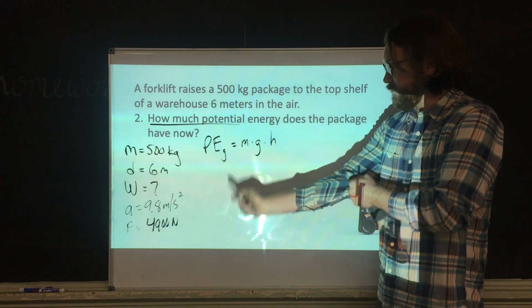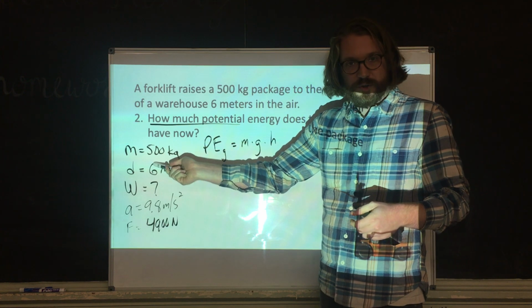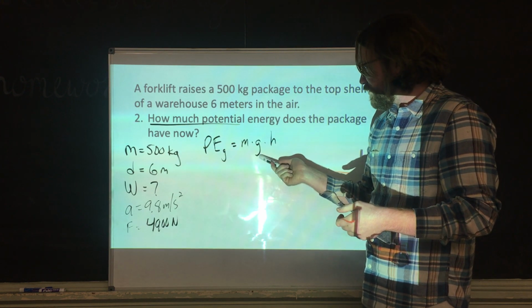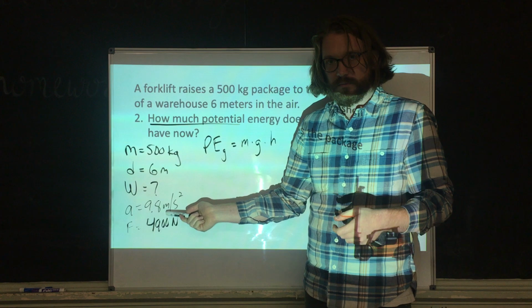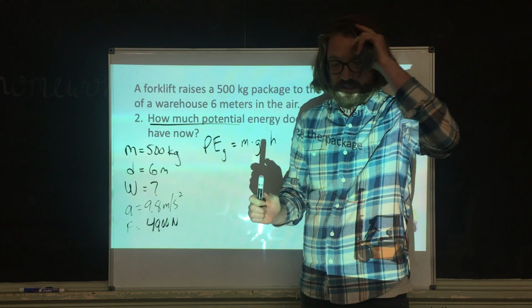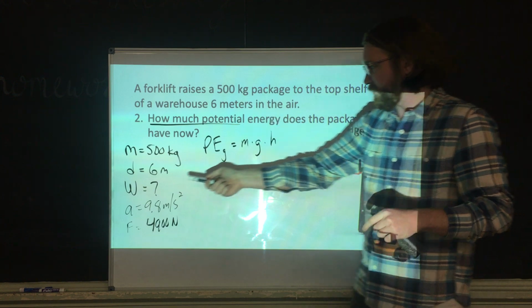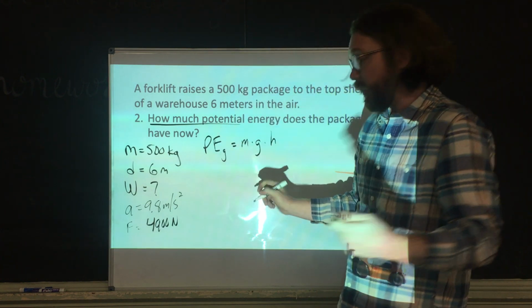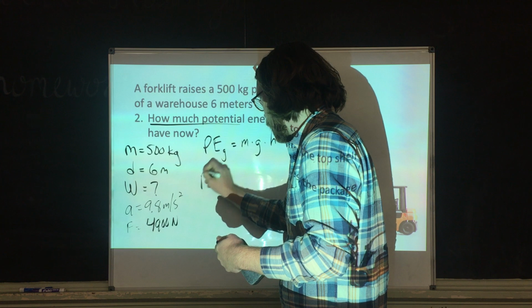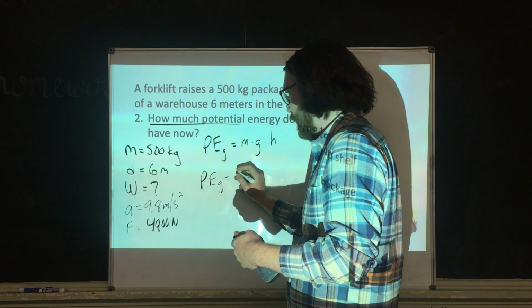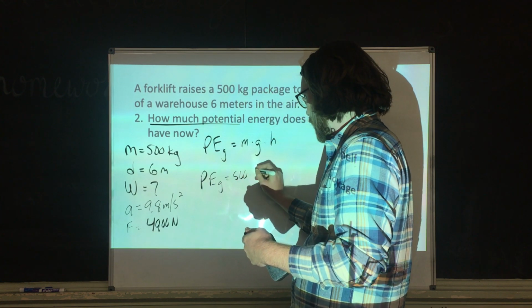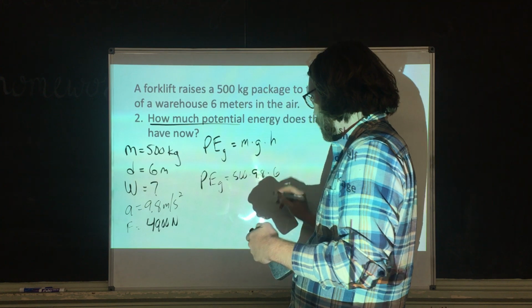Well, do we know these things? Do we know the mass? Yep, sure do. Do we know the acceleration due to gravity? Well, yeah, we do. It's little g, it's 9.8 meters per second squared. And do we know the height off the ground? Well, yeah, it's 6 meters. It's what we call the distance. So here, we just plug those numbers in. Potential energy due to gravity equals 500 times 9.8 times 6.